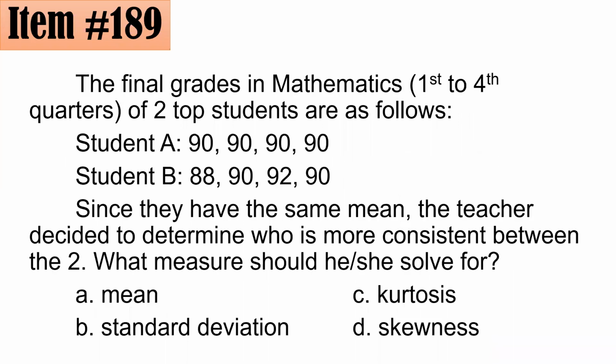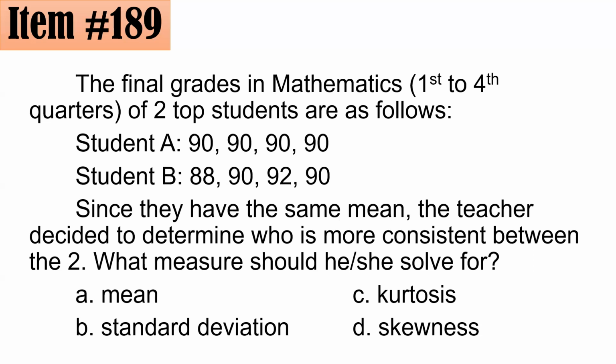189. The final grades in mathematics from first to fourth quarters of two top students are as follows. So yung kay student A, 90, 90, 90. Yung kay student B naman ay 88, 90, 92, 90. If you could do this one, no, you could actually verify that the mean grades in math ni student A ay 90 at saka yung mean ng math grades ni student B is also 90.